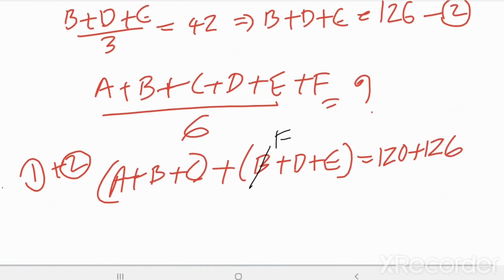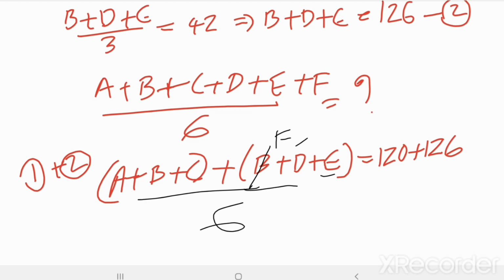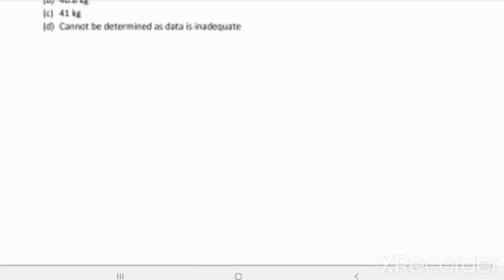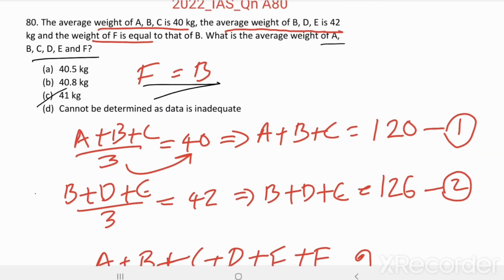Then this equation becomes A plus B plus C plus D plus E plus F. Dividing this by 6, we get the average of A, B, C, D, E and F. So the average of A, B, C, D, E and F equals 246 divided by 6 equals 41 kilogram. Option C is the right answer.